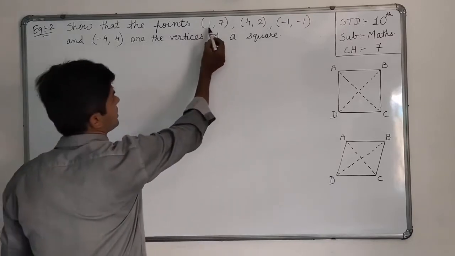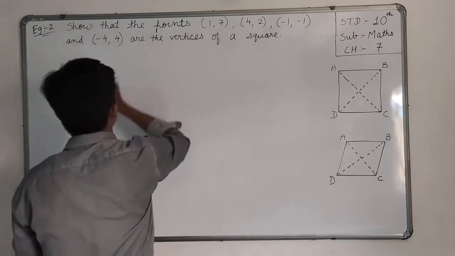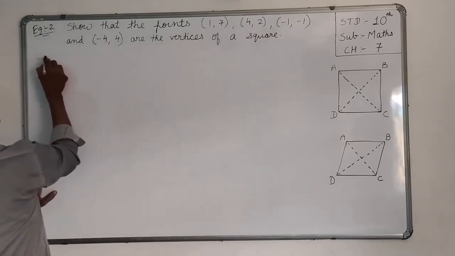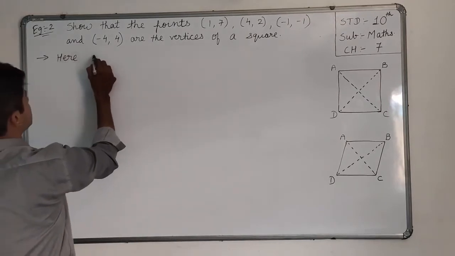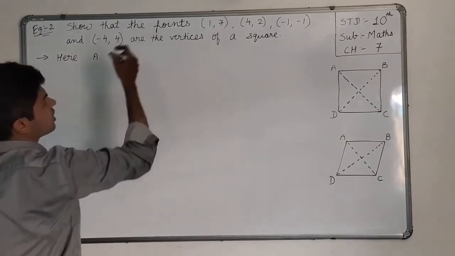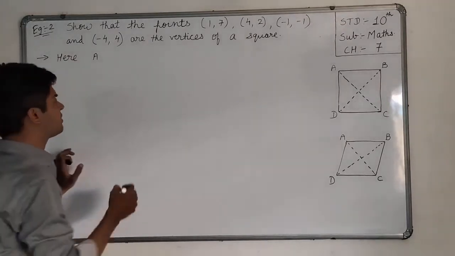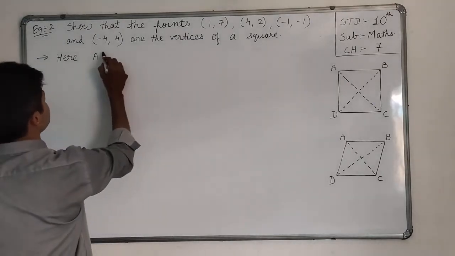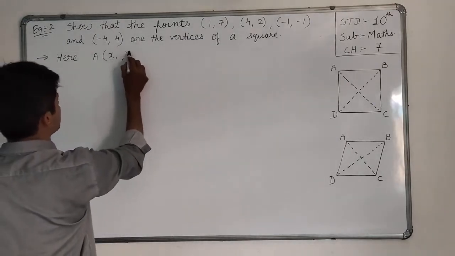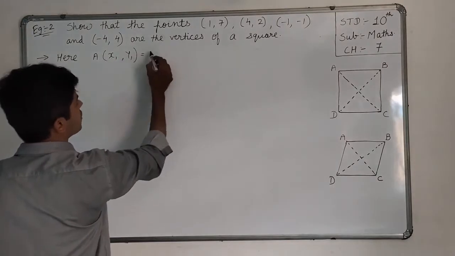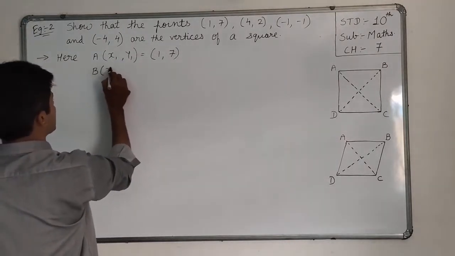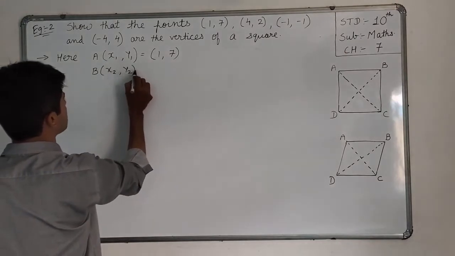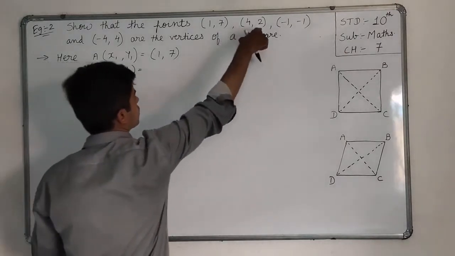So this is your point A, B, C and D. First of all, we will write our points so that it will be easy for us. A point's coordinates are (1, 7), so A is (x1, y1) = (1, 7). B is (x2, y2) = (4, 2).